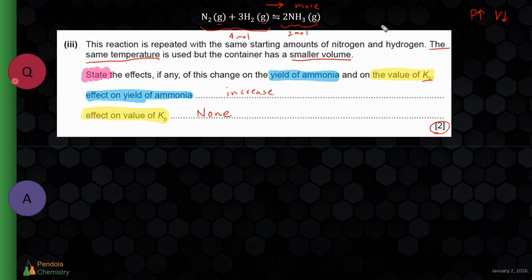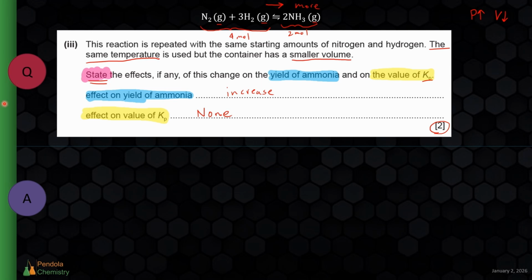This is the explanation, but you don't need to give the explanation because our command word was state. All we need to know is that because volume decreases, pressure increases, which according to Le Chatelier's principle will shift the equilibrium to the right towards the lower number of moles of gas, meaning we're going to get more ammonia, so the yield of ammonia will increase.